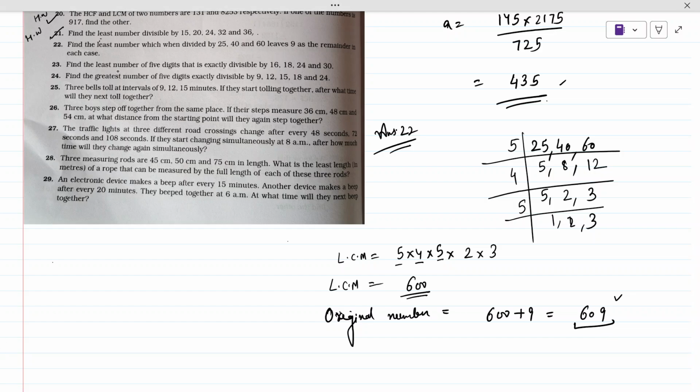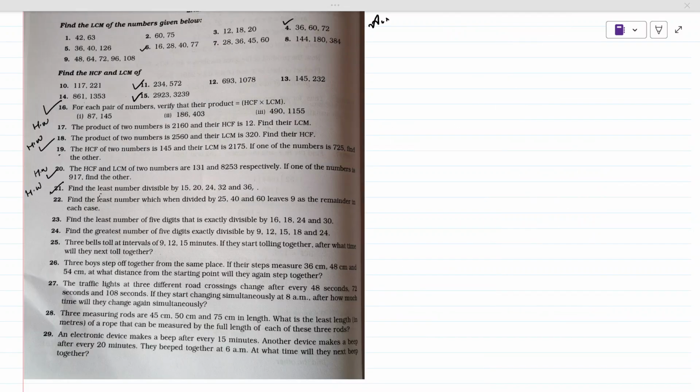Now find the least number of 5 digits that is exactly divisible by 16, 18, 24 and 30. So kids, what we have to do here is find the LCM. First, I'll tell you how you have to do this question. I'm writing it here.